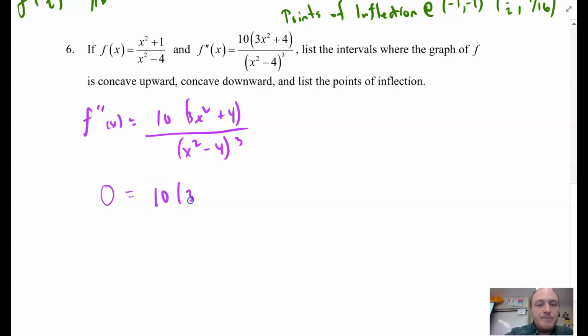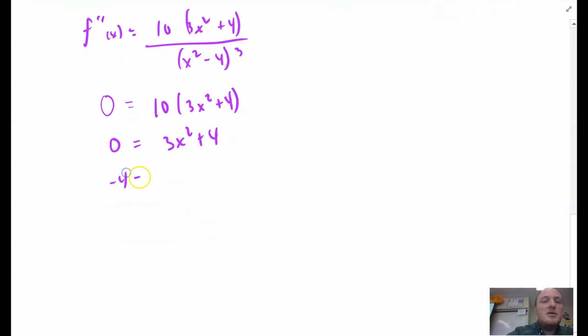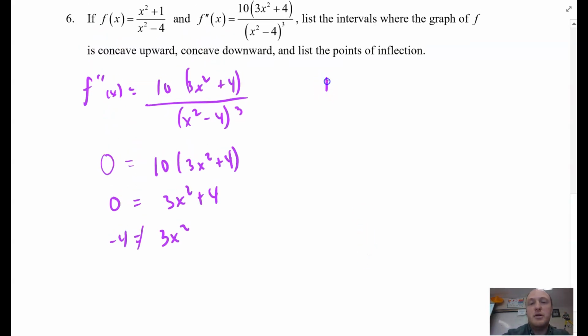So we get 10 times 3x squared plus 4, which just gives us 3x squared plus 4. And at this point, you're like, this doesn't make sense. That's because it doesn't. This can never happen, so your function never equals 0. So you have no points of inflection.